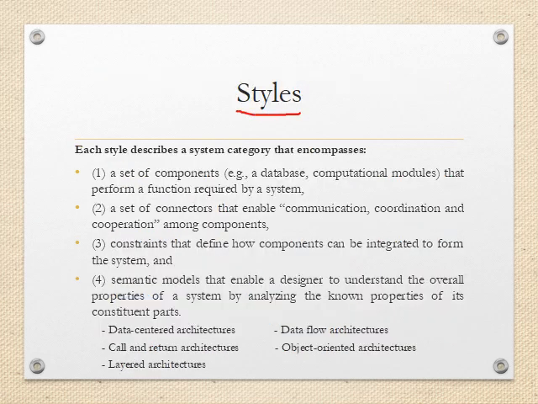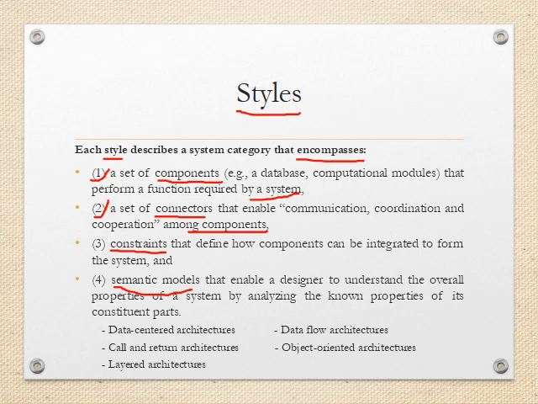Each style describes a system category that encompasses four things: components, connectors, constraints, and semantic models. First, a set of components, for example, databases, computational models, packages, libraries that perform a function required by the system. Second, a set of connectors that enable communication, coordination, and cooperation among components.